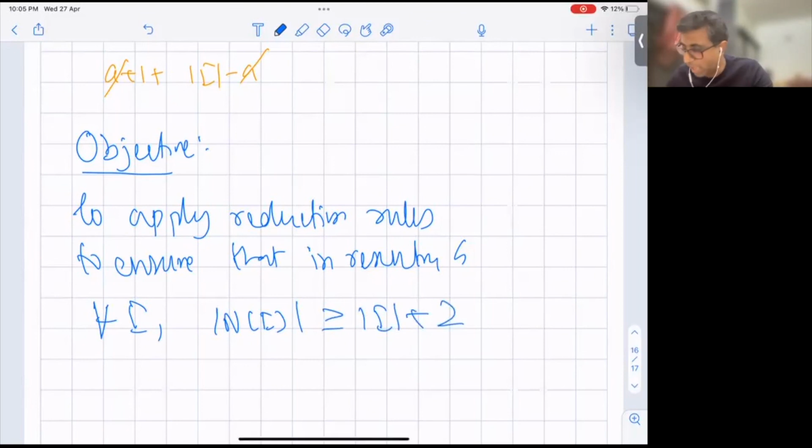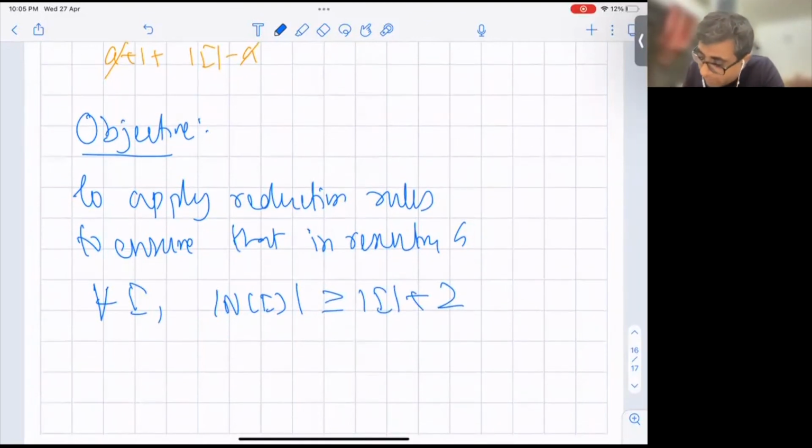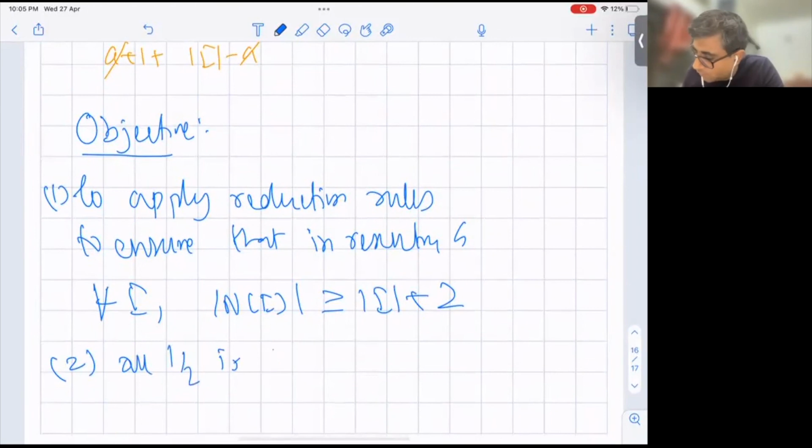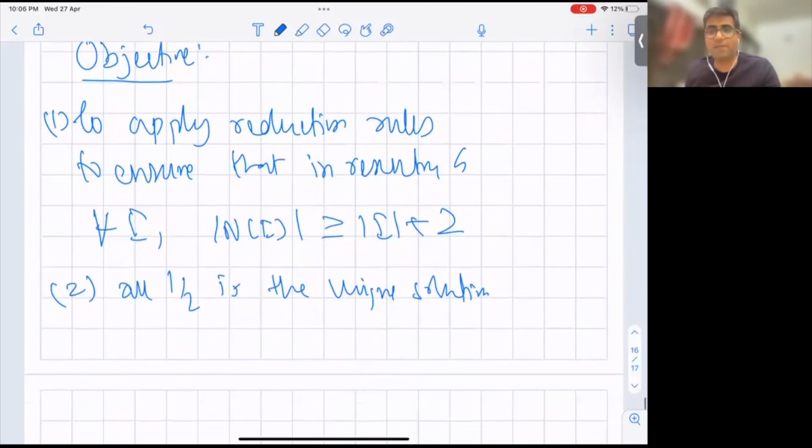Okay. So I will have several properties, several features of this. First will be this. Second, the all-half is the unique solution. Okay. And when we will branch, we will have these two properties: the all-half is the unique solution and every independent set has large expansion, at least plus 2 additional expansion.